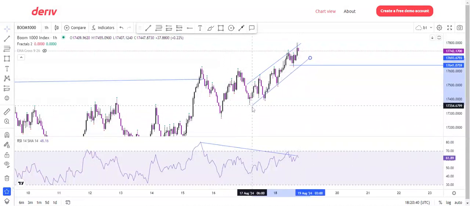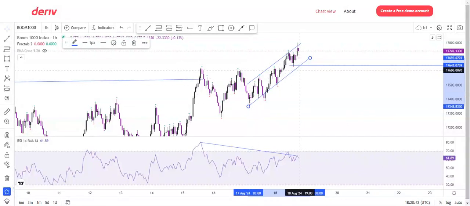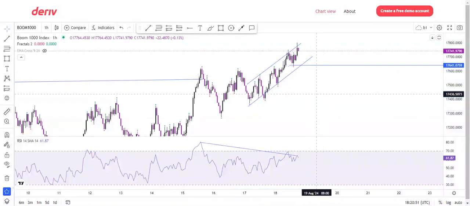So if you break these lows, you can look for some nice sells.